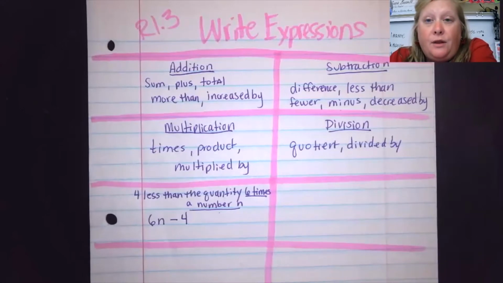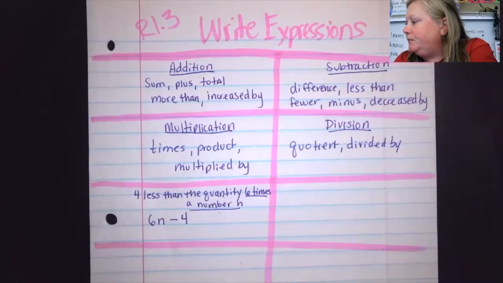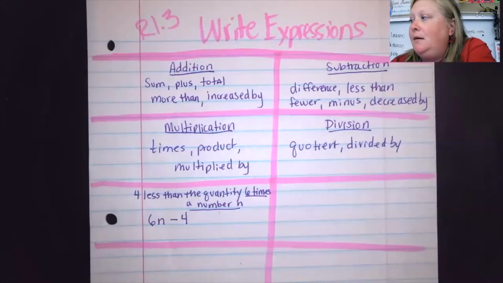All right, are you ready for the next one? The next one is, I'm going to read it out loud. 3 times the sum of 7 and a number y.